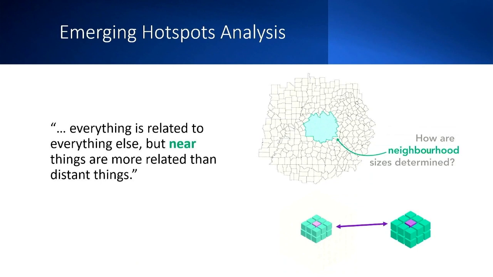This is called conceptualizing spatial relationships, or defining what it means to be a neighbour. For emerging hotspot analysis, each feature has spatial neighbours, or closest in space, and temporal neighbours, closest in time. So in this example, outwards is going to be your spatial, and downwards is going to be your time.